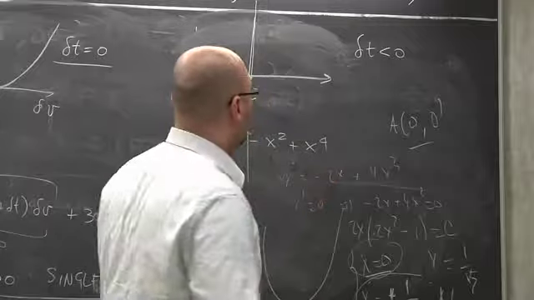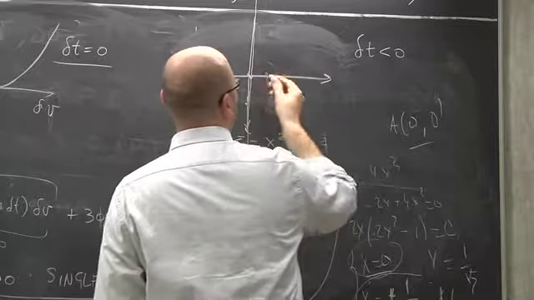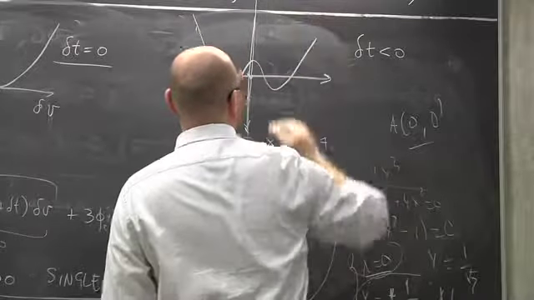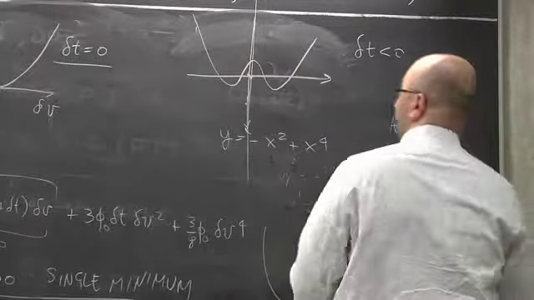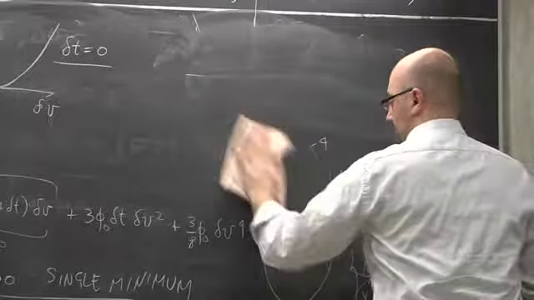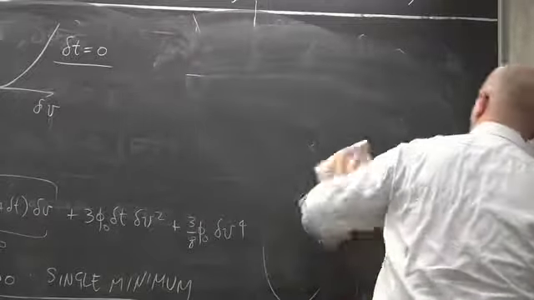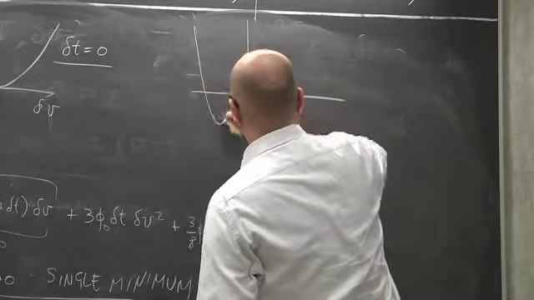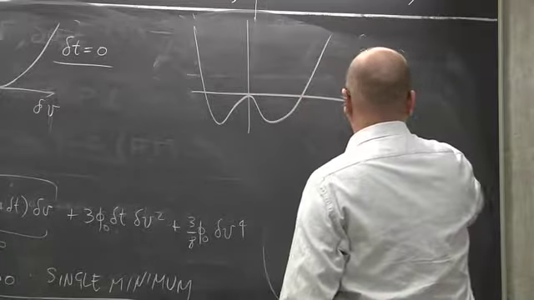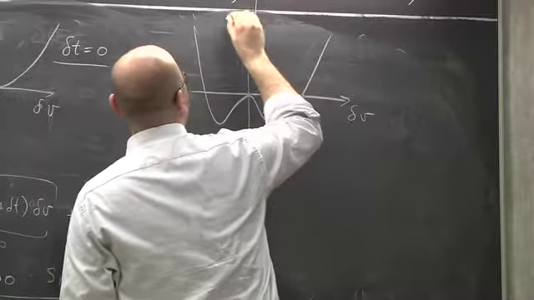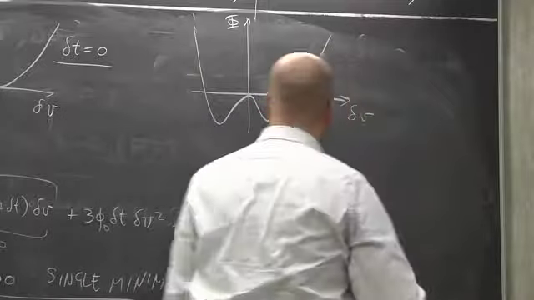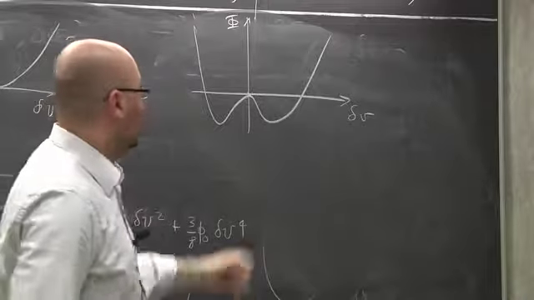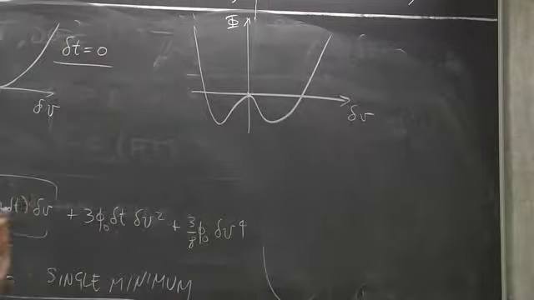So there is 1 maximum and 2 minima, and the function goes like this. So this is the local maximum, and these are the local minima. There are two of them.